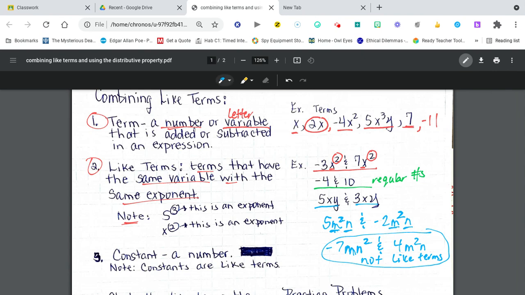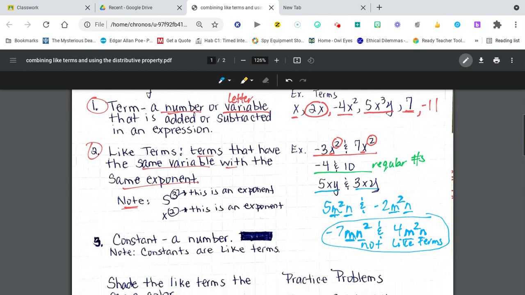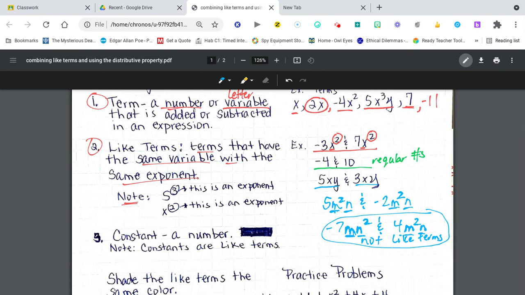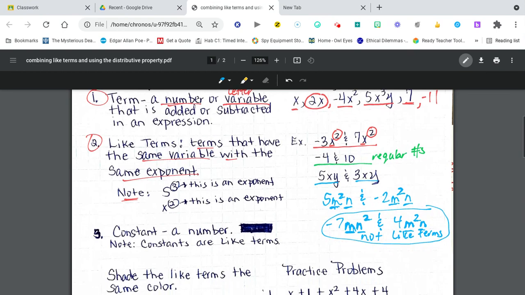So this is an M with an N with an exponent of 2. This is an M with an exponent of 2 and an N with no exponent, which is an understood 1. So this is M squared. This is N squared, and that's N. They're not the same. So they don't have the same exponent above each letter. So they're not like terms. If that doesn't make sense to you, make sure you pause the video and let me know. But these two are like terms.